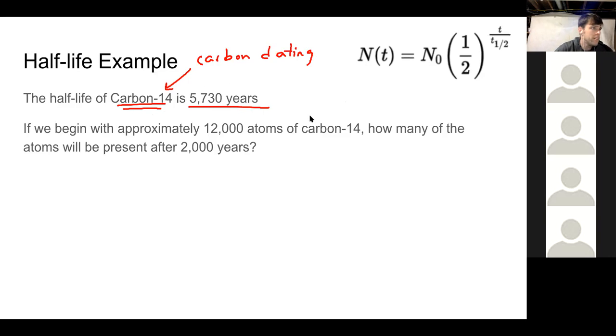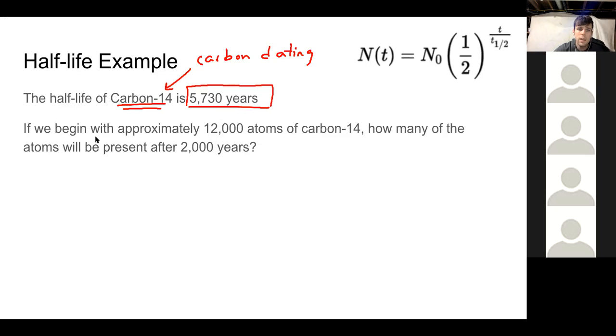So they could use a formula similar to this to date. This particular isotope, I believe, is used for human things because 5,730 years is a relatively appropriate time for human dating. They wouldn't use that for like dinosaurs or something because that's not an appropriate time frame. When we're talking about dinosaurs, we're talking what, 75 million years or something. So carbon-14 is useless for that. They'd have to use some other isotope that has a much longer half-life, but we're going to use it for this one.